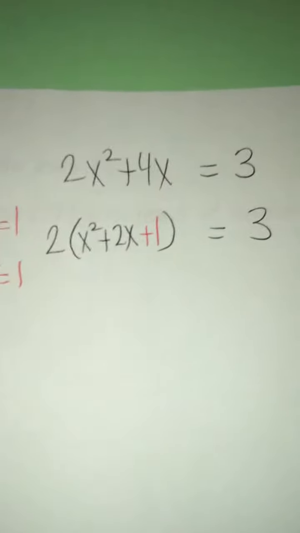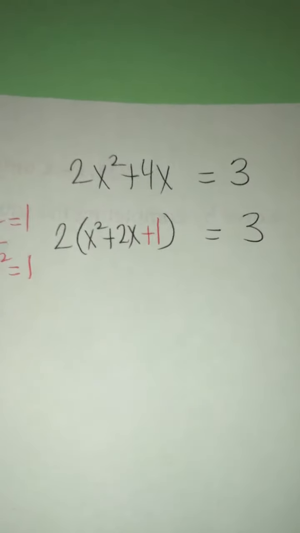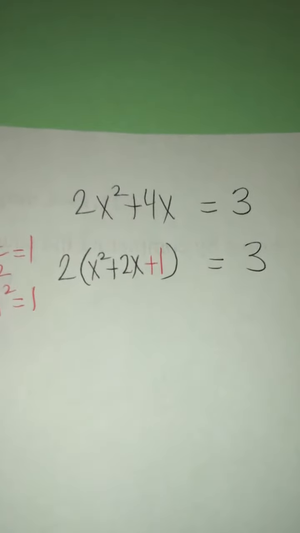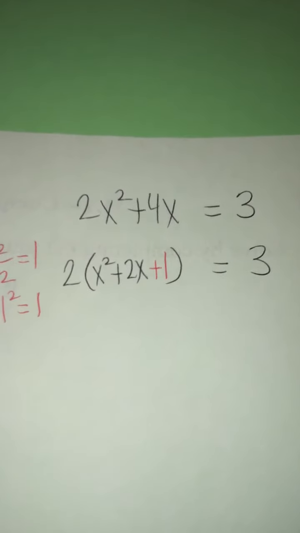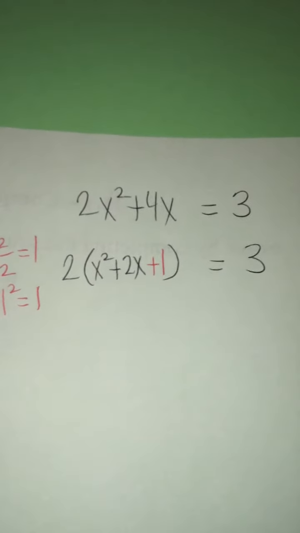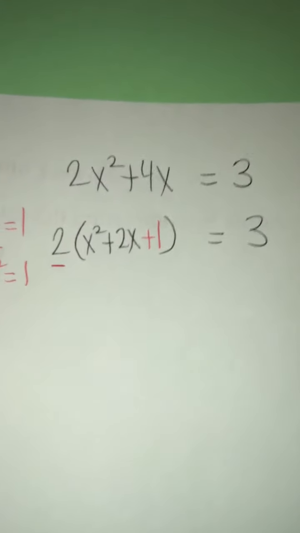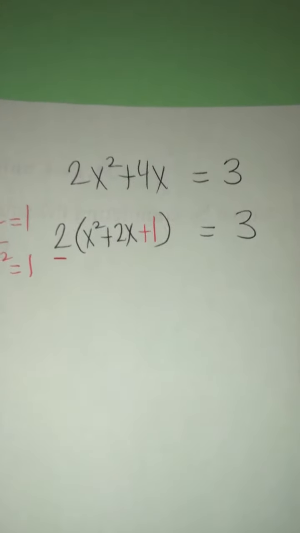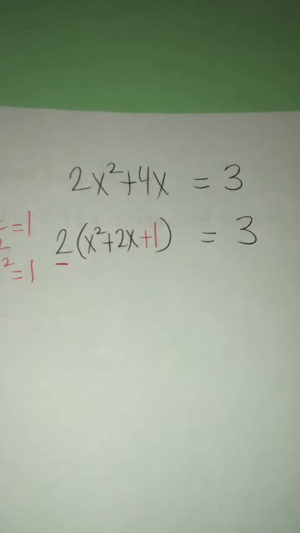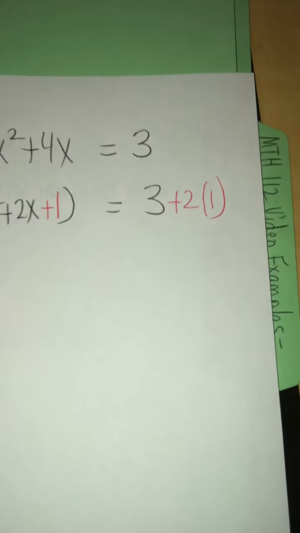So we need to put plus 1 here. Now be careful. It would be wrong to put a plus 1 on the other side, only because there's a 2 on the outside here. So really, we're adding 2 times 1 to the other side.